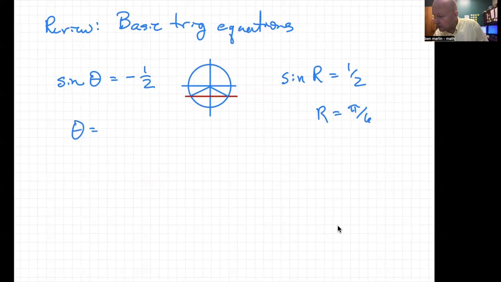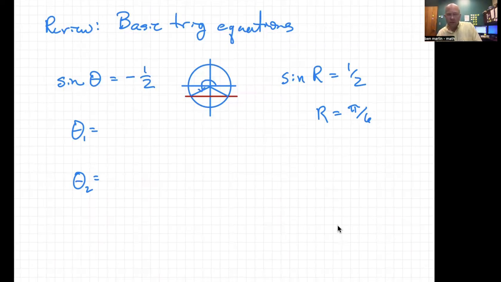And we need to do 2 values of theta. I will call them θ1 and θ2 in order to distinguish between them. Okay. And the first one I'm going to get is going to be here in the third quadrant, right?